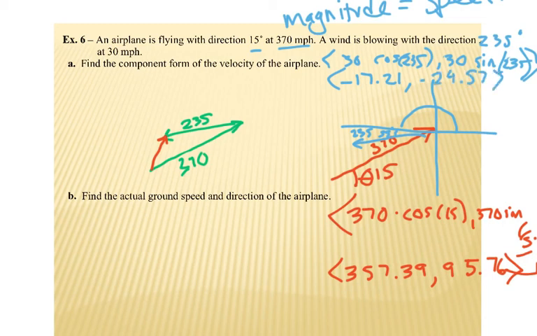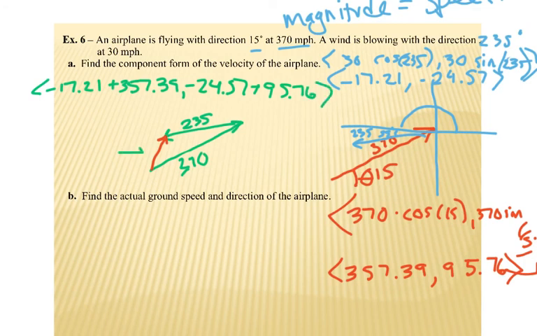And so in order to find our combined magnitude, we just need to add them. So we're going to take negative 17.21 plus 357.39 and put that in combination with negative 24.57 plus 95.76.